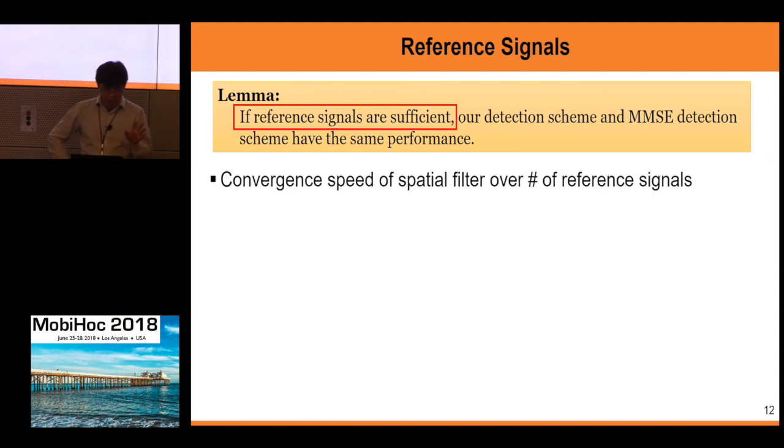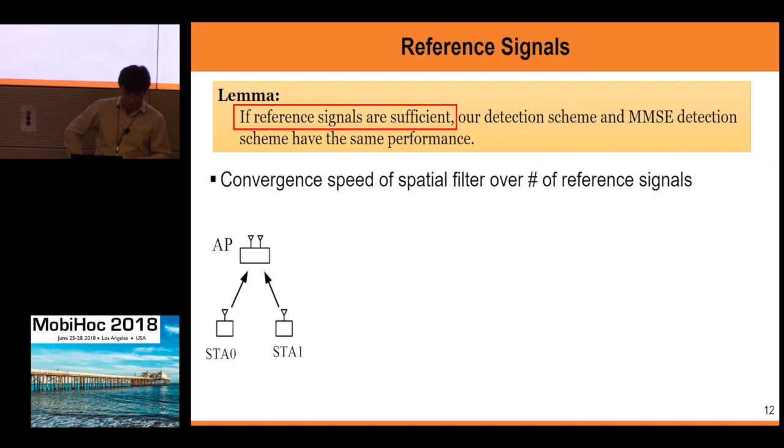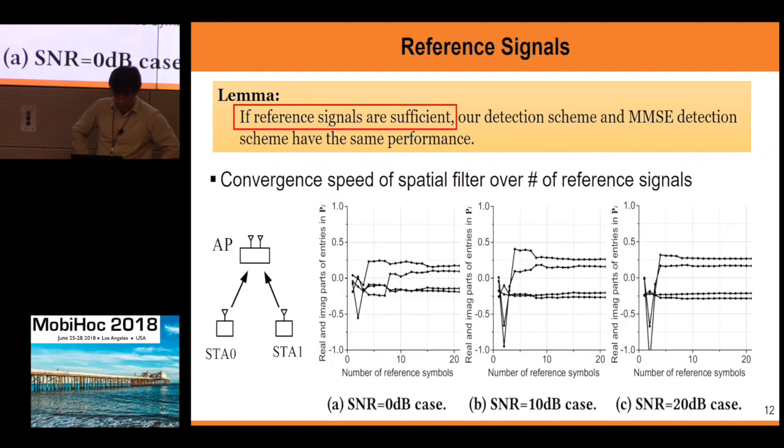Then we consider how many reference signals are sufficient. So we study the convergence speed of the special filter over the number of reference signals. We consider a simple example, the two-user case, from simulation results. The x-axis is the number of reference signals, and the y-axis is the filter coefficient, the real part and the imaginary part.